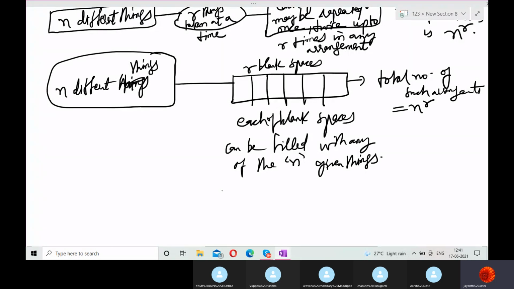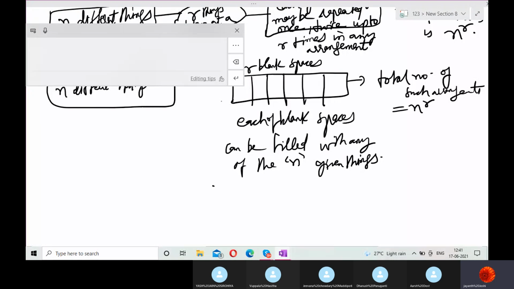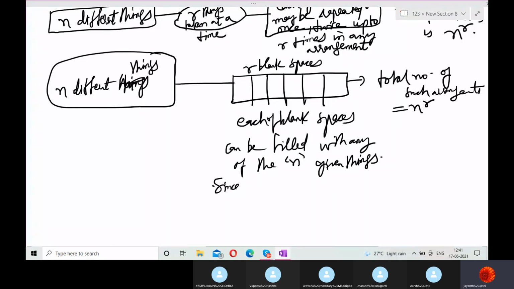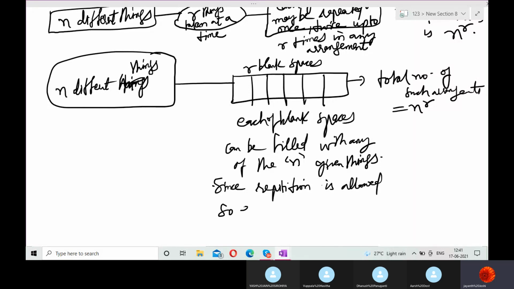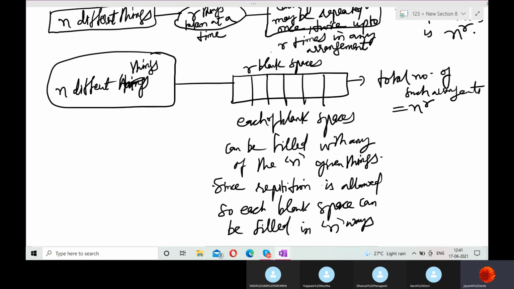Since repetition is allowed, each blank space can be filled in n ways. So you can fill each blank space in n ways.